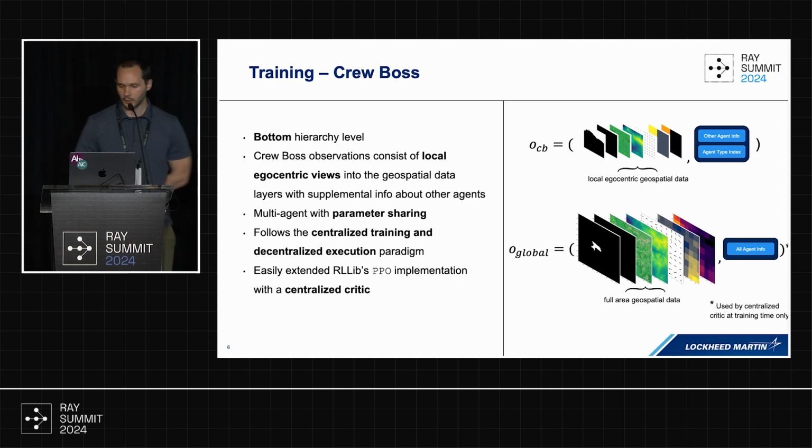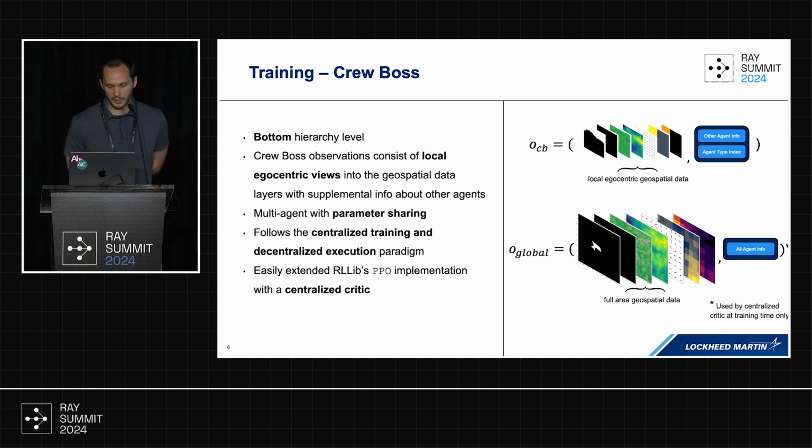And so how do we train these agents? So we train in a cooperative multi-agent setting. So a decentralized POMDP, if you're familiar with some of the RL stuff. And we train each agent that shares the same type with the same parameters, which makes the learning a bit more efficient. But we also give a unique agent index to each agent that allows it to take on a unique behavior if it's helpful.